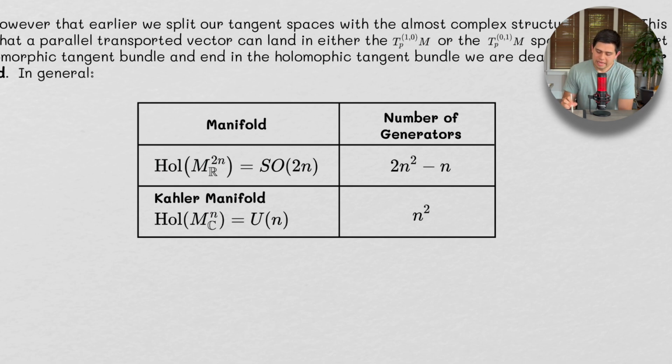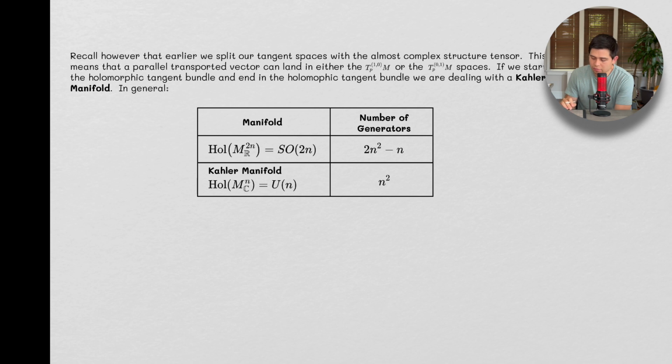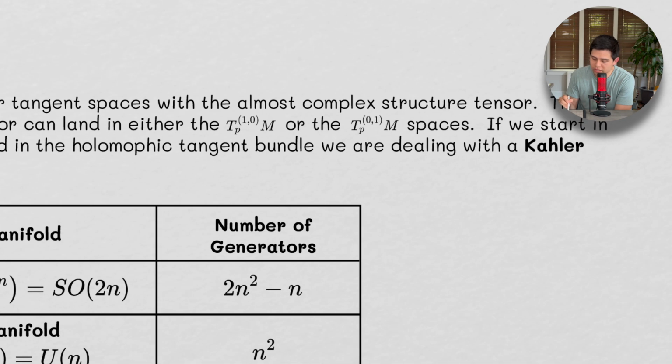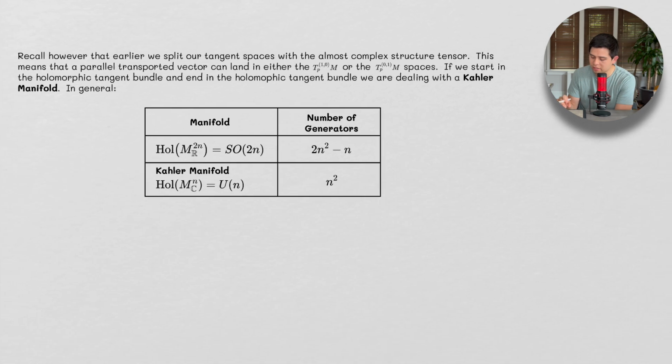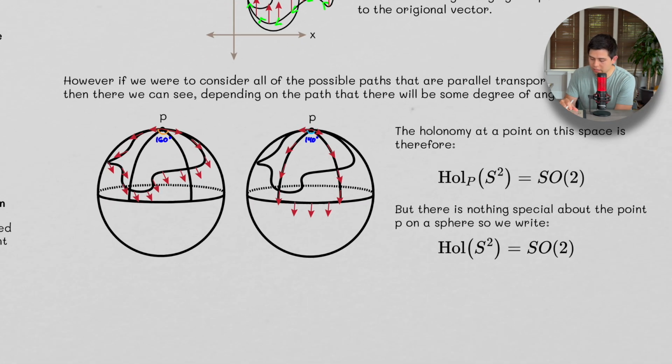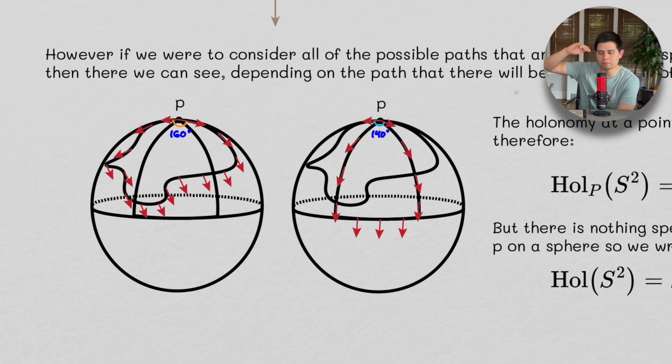Now, these Kahler manifolds. If we recall when we were looking at complex geometry, we parsed out these two types of tangent spaces, right? The holomorphic tangent space and the anti-holomorphic tangent space. And the idea here is that a Kahler manifold is going to stay in either the holomorphic or the anti-holomorphic.